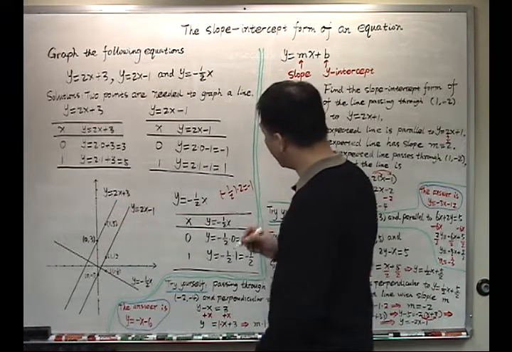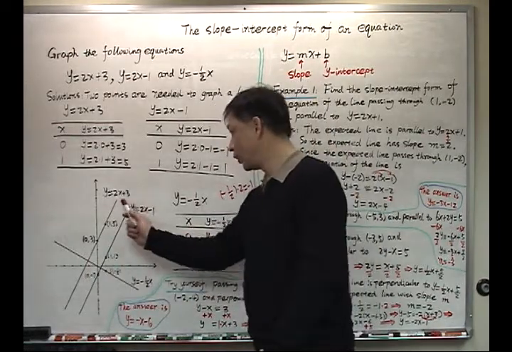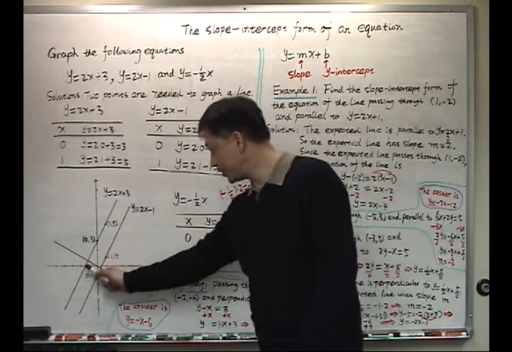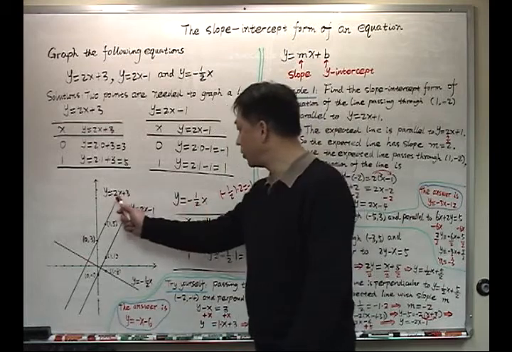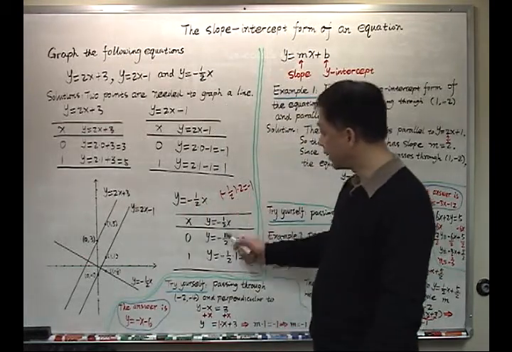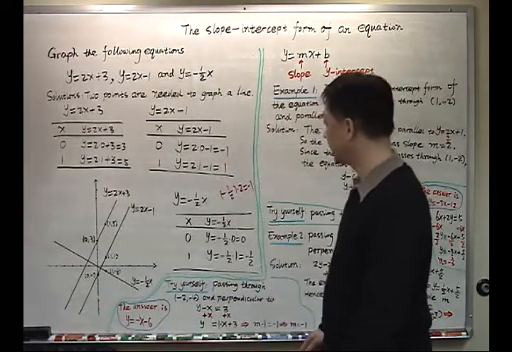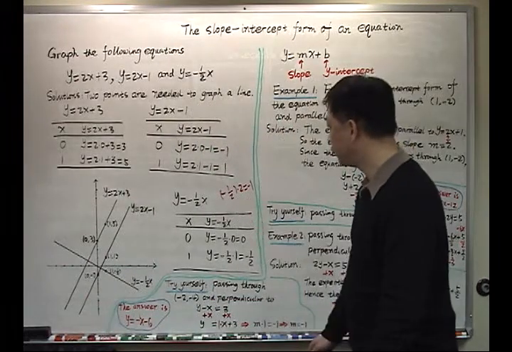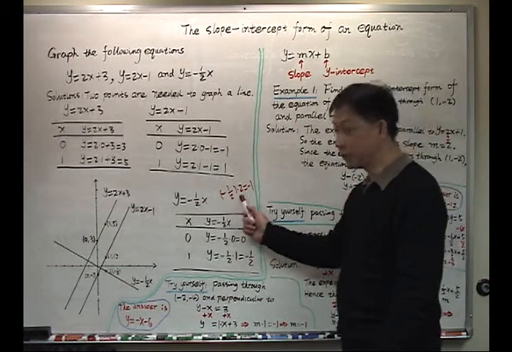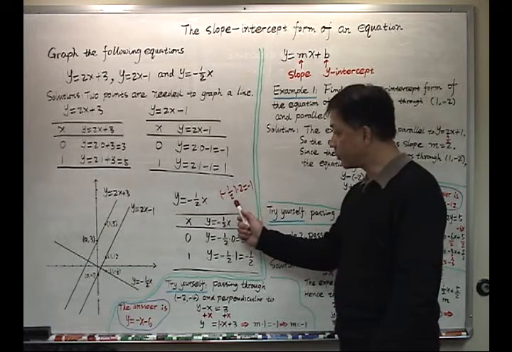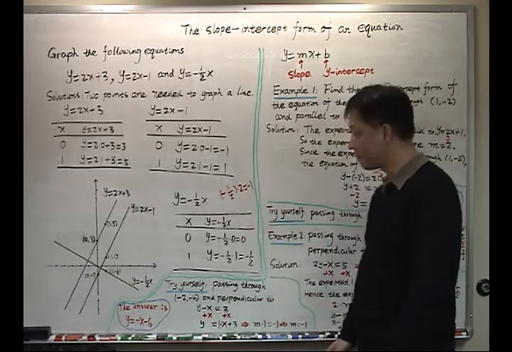You get -1. This is what we need to remember: if one line is perpendicular to the other, then the product of those two slopes equals -1.